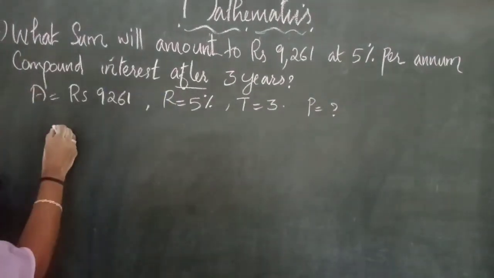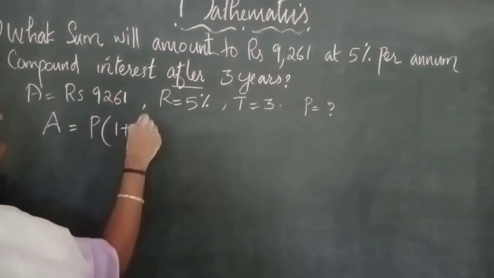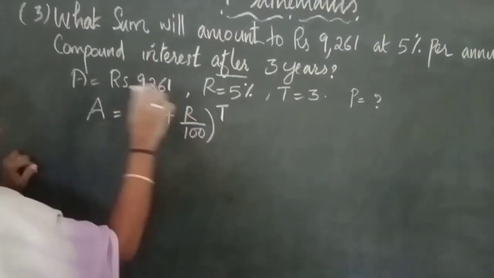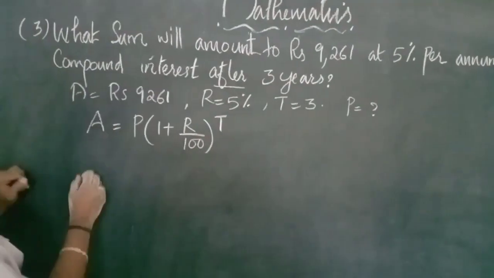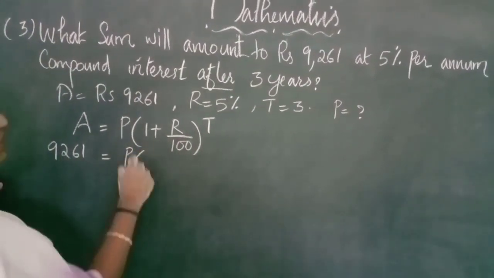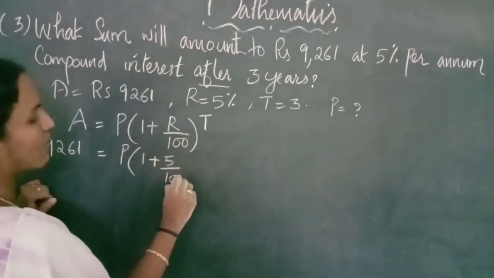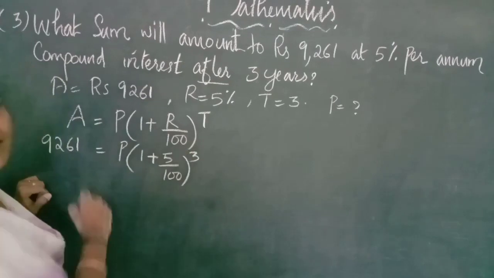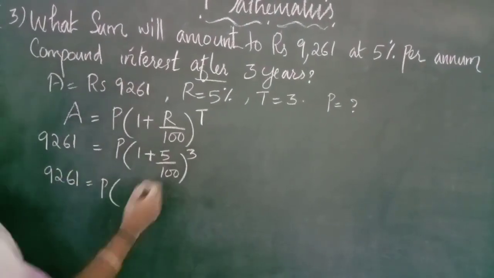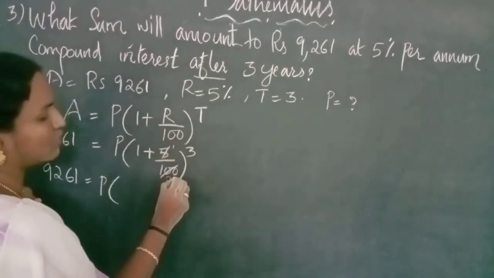So you know the formula for amount: A is equal to P into 1 plus R by 100 the whole power 3. Substituting the values of A, R and T in this equation, 9,261 is equal to P into 1 plus 5 by 100 the whole power 3. You can cancel 5 and 100: 1 5 is 5 and 2 5s are 10.